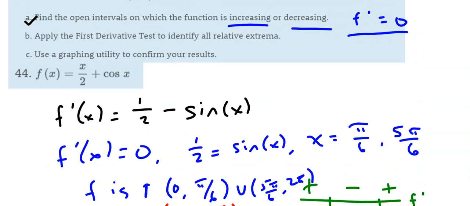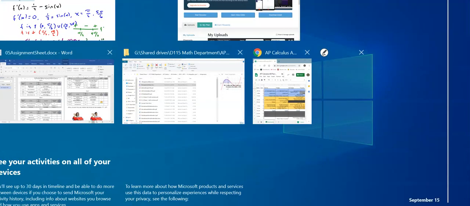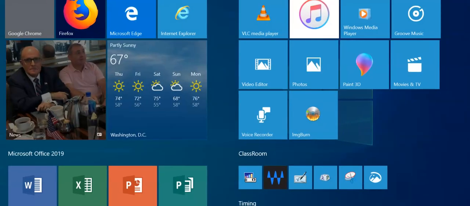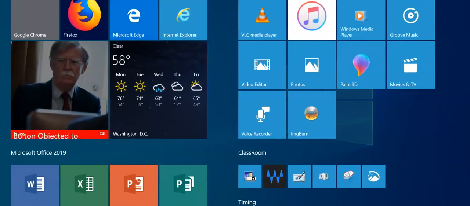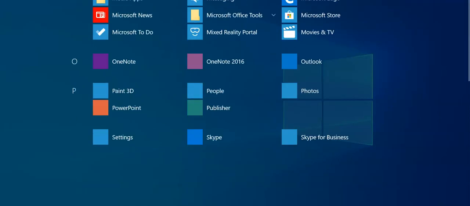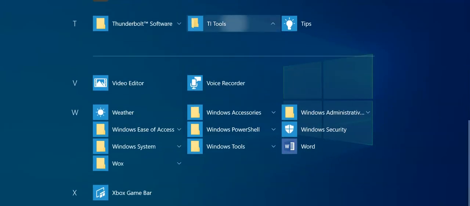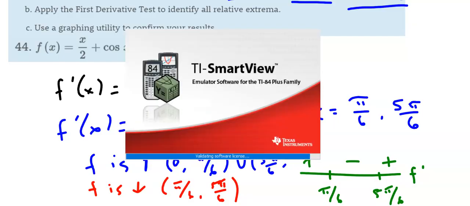Okay, let's use the graphing calculator to confirm the results. Let me get a graphing calculator here. Sorry I didn't have this ready beforehand. I just didn't think I would actually need it. It's loaded.